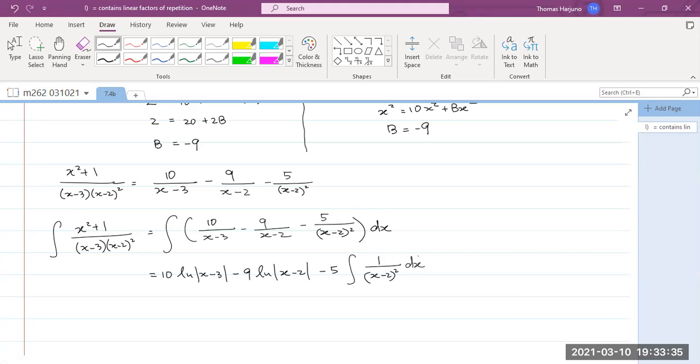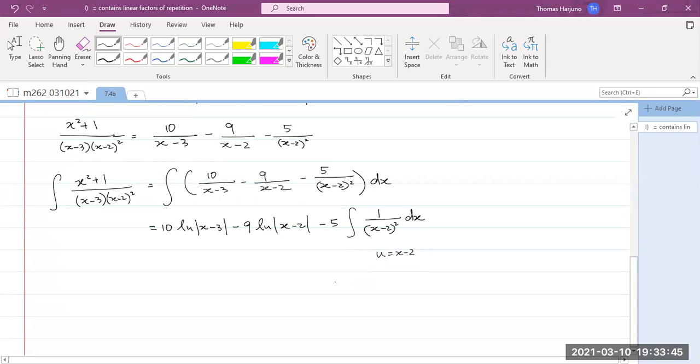Don't you want to use u substitution? Okay, I will do u substitution here, but I hope you can see that you can try to skip that. From seeing the lecture problems, isn't it just 1 over x minus 2?